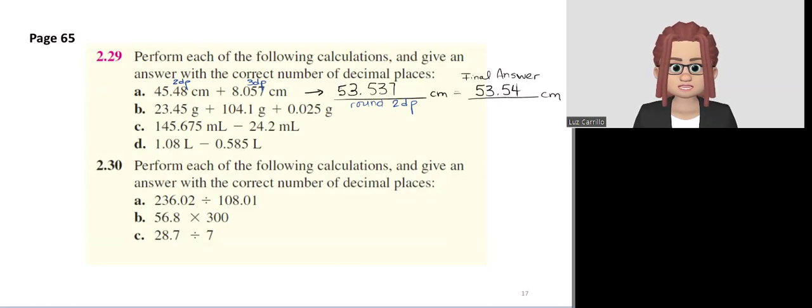Remember that this applies to addition or subtraction. So take a moment and determine the correct answer for letter D on problem 2.29.